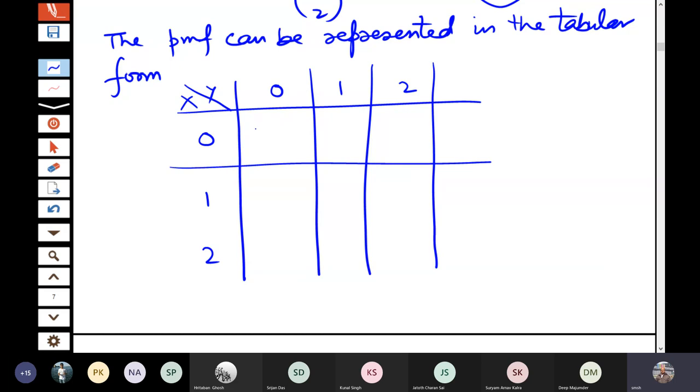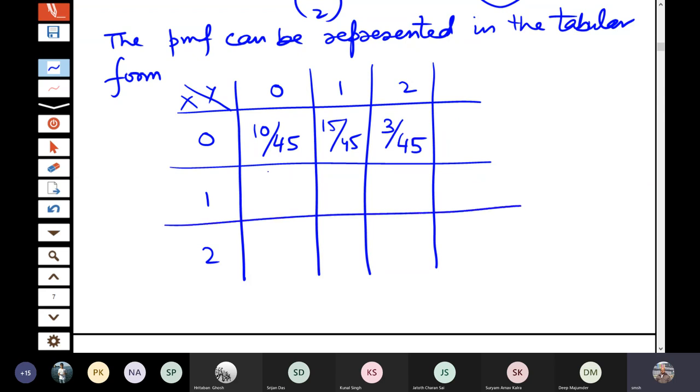We calculated pXY(0,0) as 10 by 45, (0,1) as 15 by 45. We can calculate (0,2) also. Similarly, it will be 3C2 divided by 10C2, so that is 3 by 45.